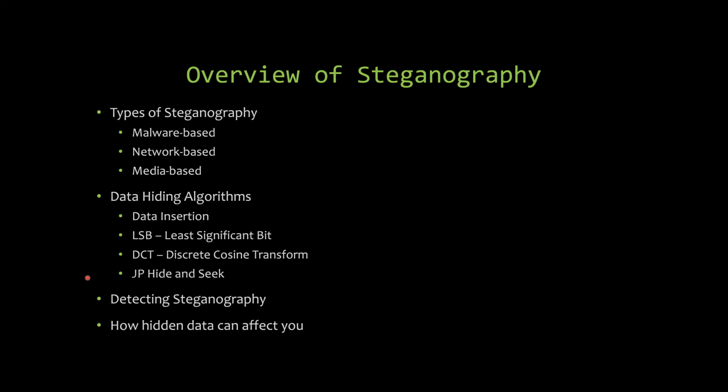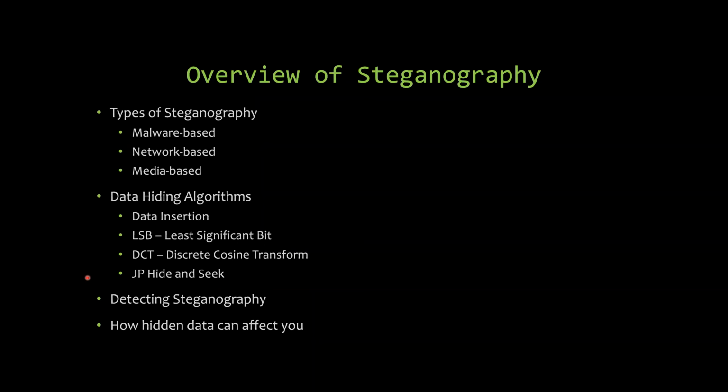There's also network-based steganography, which we'll get into in a little bit, where we actually see content embedded within IP packets themselves, and how messages can be passed back and forth within an IP packet. And then media-based, which is what I just talked about previously, of inserting media, whether that is any form of content within another media file.